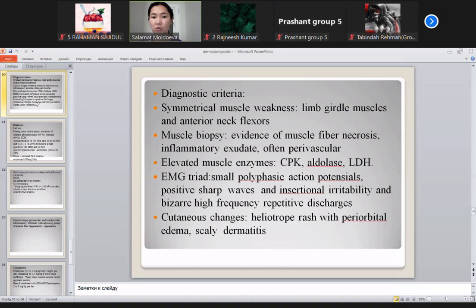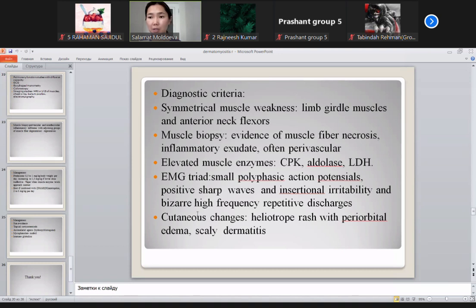So there are 5 diagnostic criteria. The first 4 are about muscle. If it is the atypical form, of course, you will find only one criterion. If it is polymyositis without skin change, you will find the first 4. If classical, all 5.